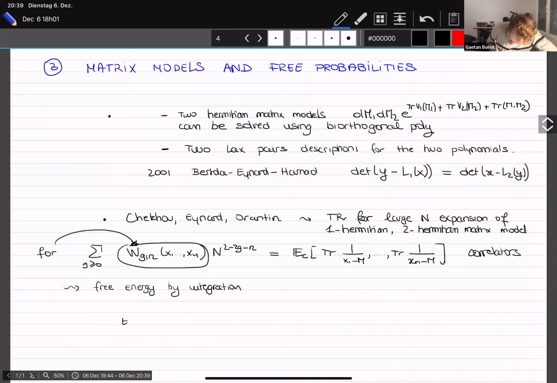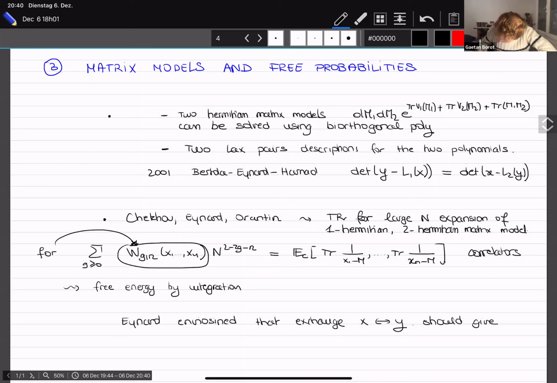This led Eynard to propose that these should of course give rise to the same free energies, getting it from the two spectral curves, and the two spectral curves are related by this kind of exchange of the role of X and Y. So that exchange of X and Y should give the same free energies in general in topological recursion. And you call that the symplectic invariance.